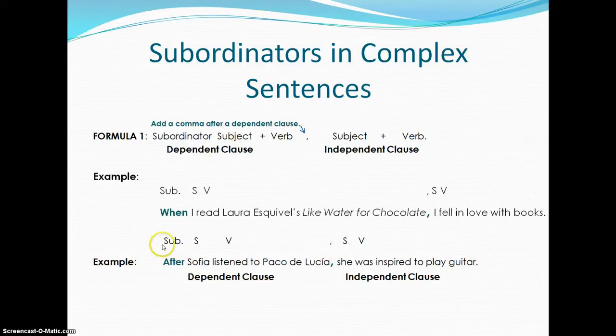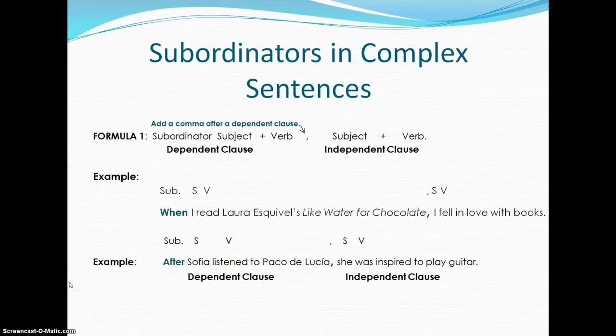We have a subordinator, a subject, a verb, a comma, a subject and a verb, and we call this the dependent clause and the independent clause. Again, I like to think of this as a mixed fraction. You must have a whole sentence and a half a sentence.